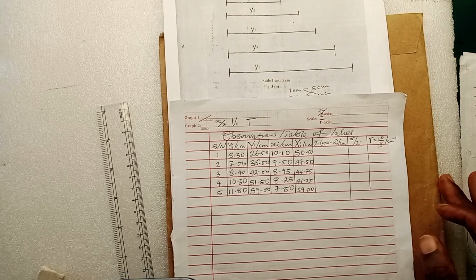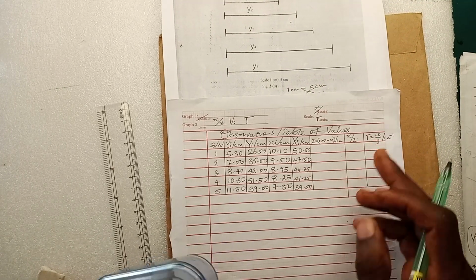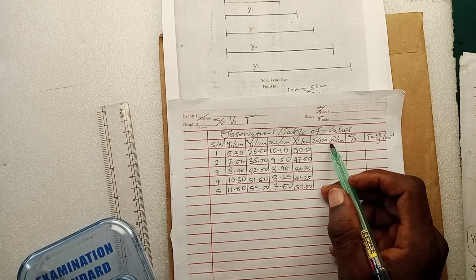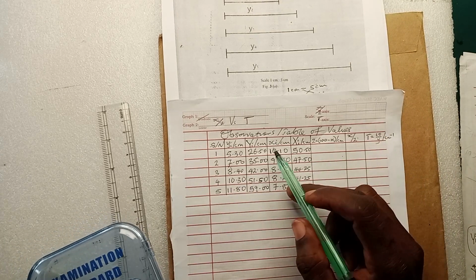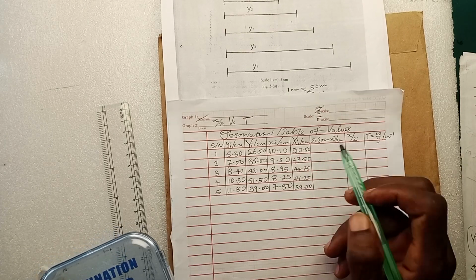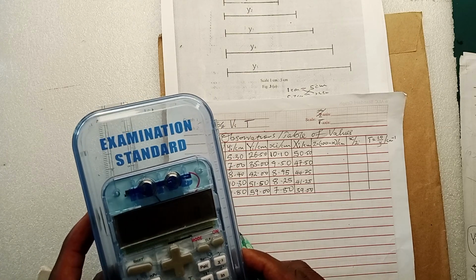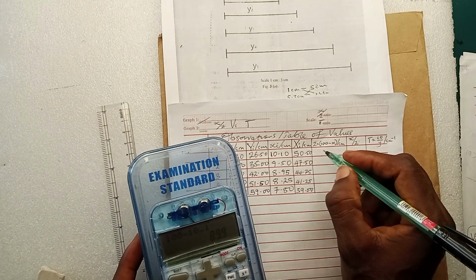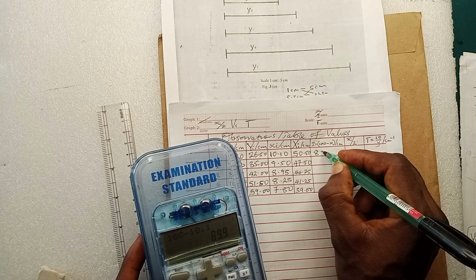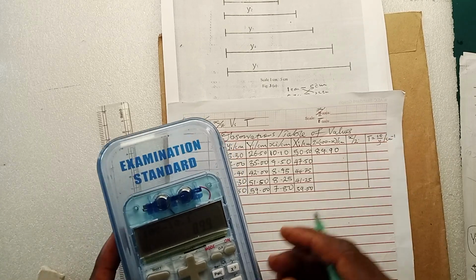So the next thing is to evaluate for Z, X over Z, and T. Z is 100 minus this, everything 100 minus this column, put the result here. So we have 100 minus 10.1, we have 89.90.